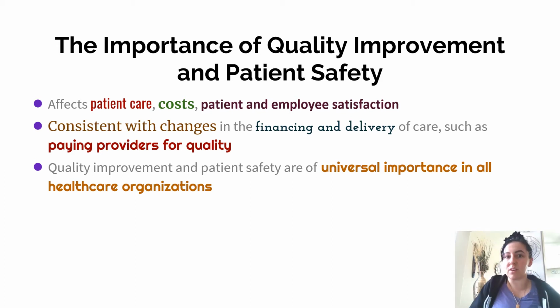All of these are the outcomes of quality improvement and patient safety. If we have terrible quality improvement and terrible patient safety, it's going to really affect patient care, costs, and of course patient and employee satisfaction.